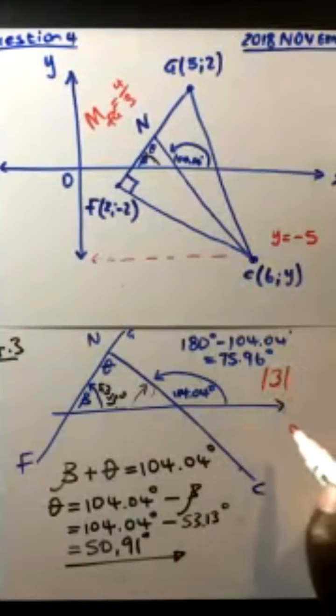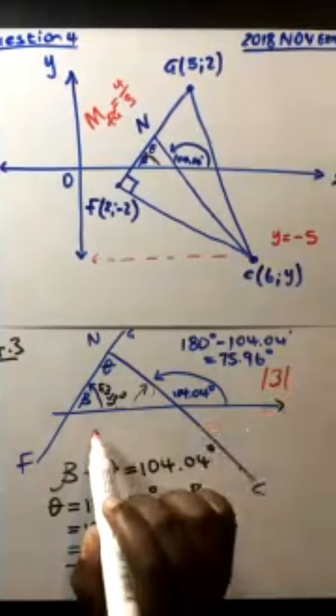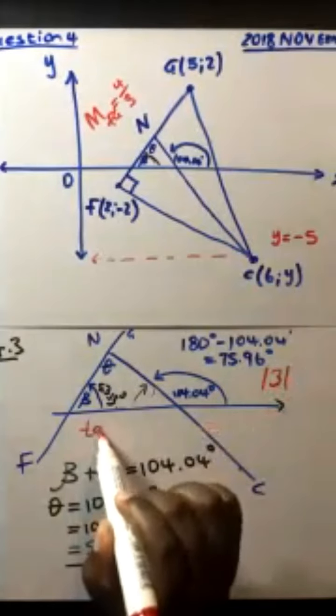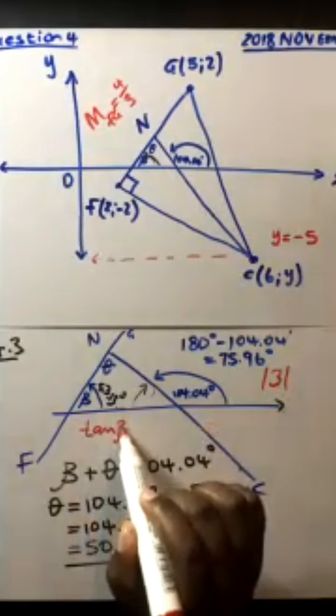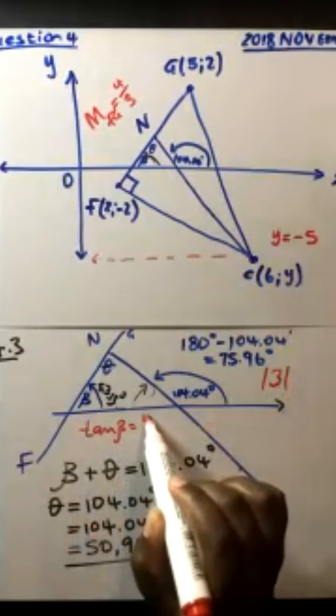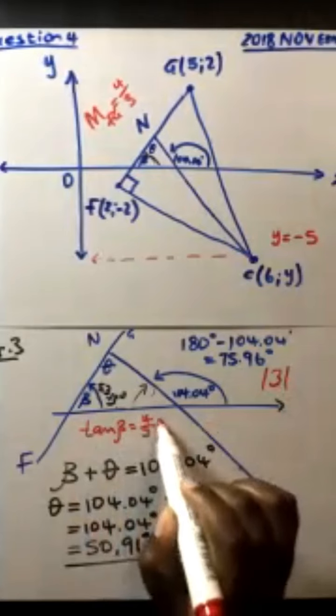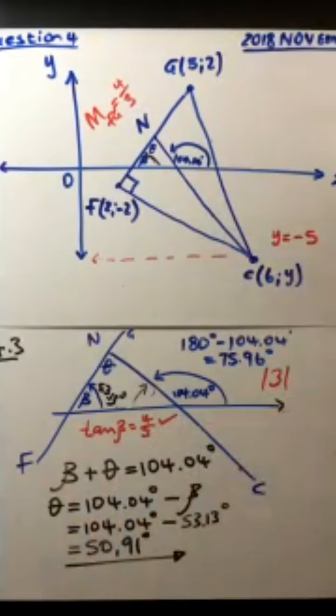Okay, so remember, this question was allocated 3 marks. For you to say tan of beta equals 4/3, for that step you get a mark, because it is an indication that you know exactly what you'll be doing.